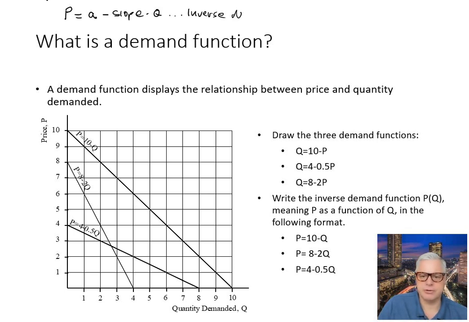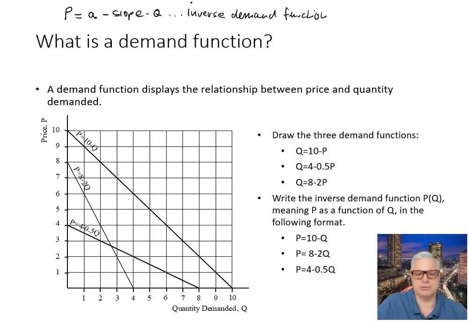So that's an inverse demand function. In math, whatever you see to the left side of the equal sign, that is what we call the dependent variable. And whatever we see on the right hand side, this is the independent variable.